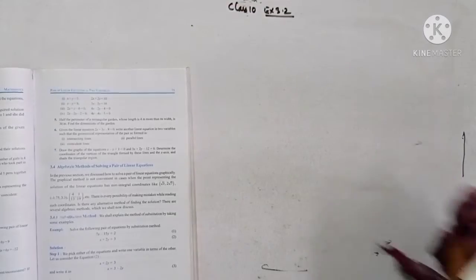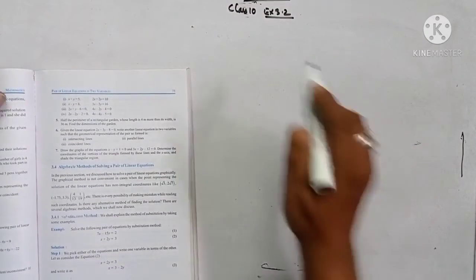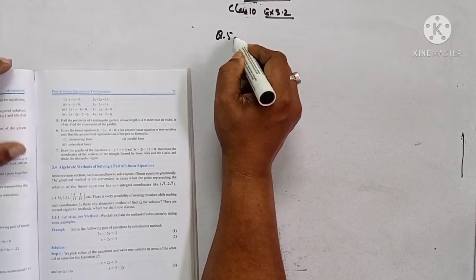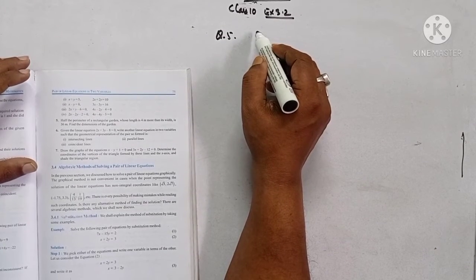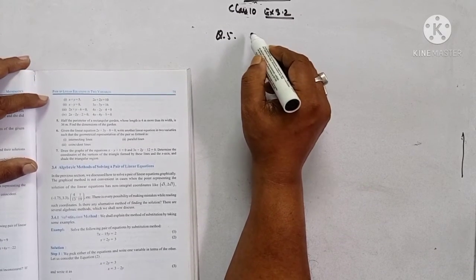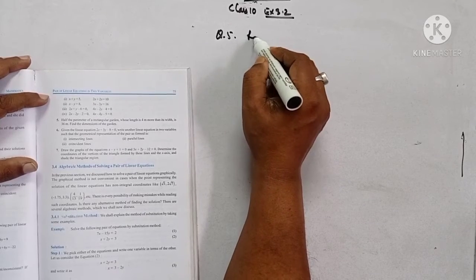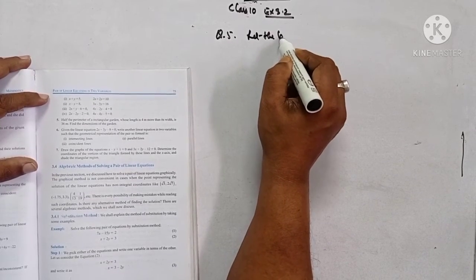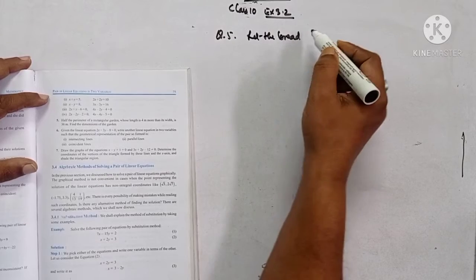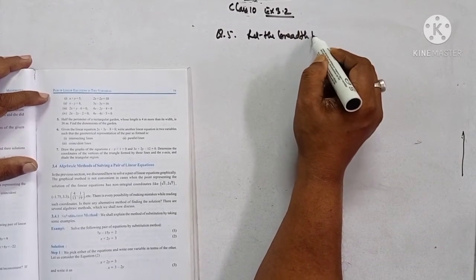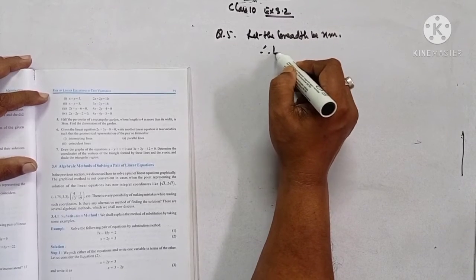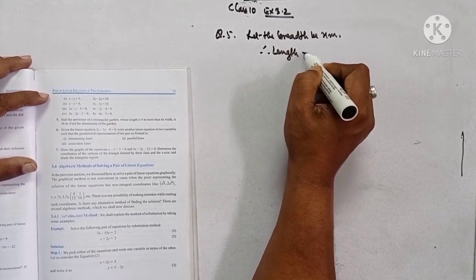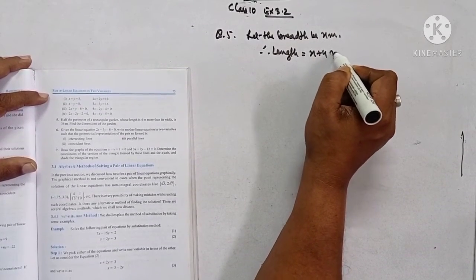Your question number 5. Half the perimeter of a rectangular garden whose length is 4 meter more than its breadth is 36. Let the breadth be x meter, and therefore length is equal to x plus 4 meter.